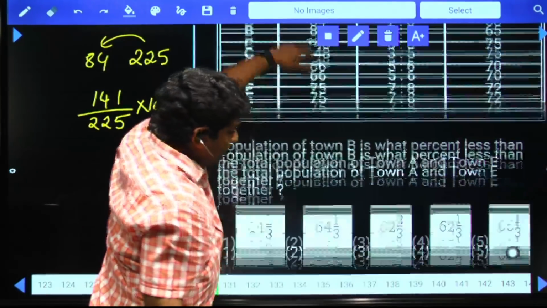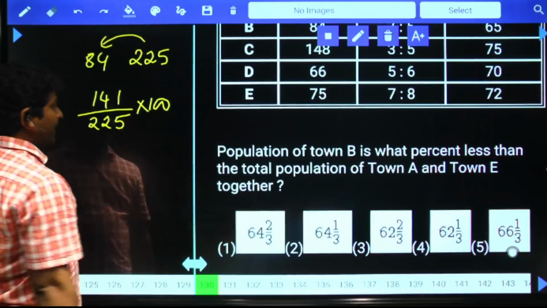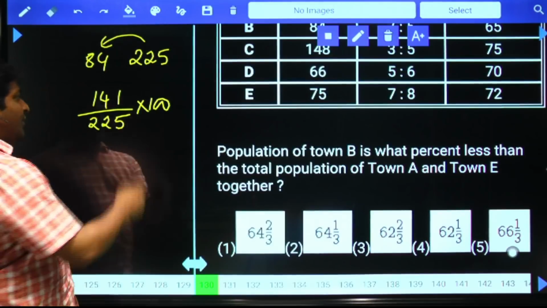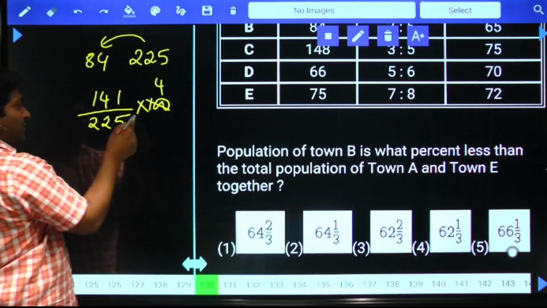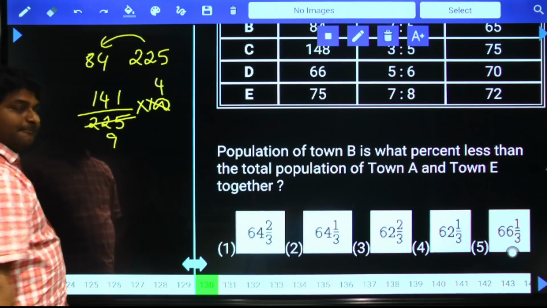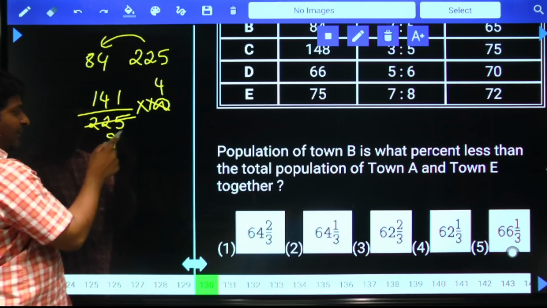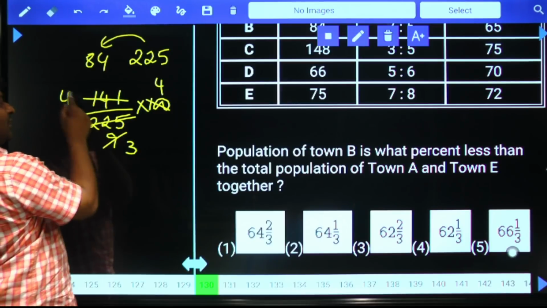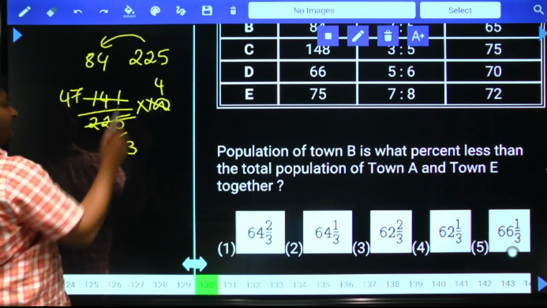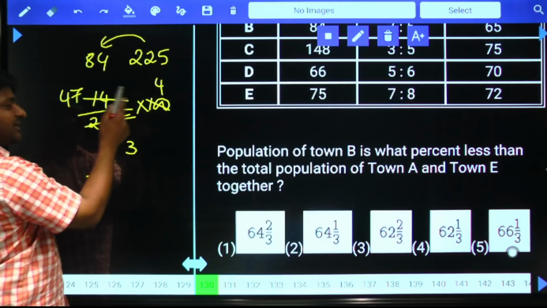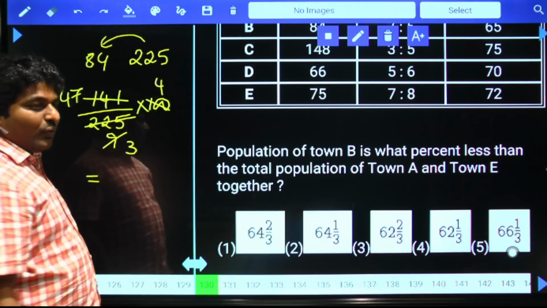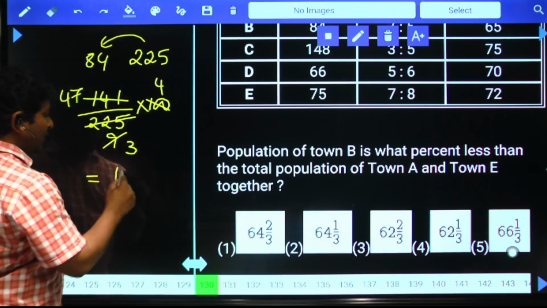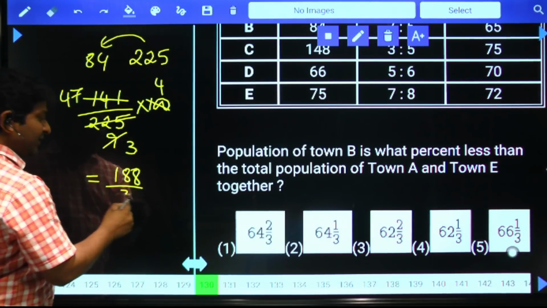Now, let me go to options first. Right. Now, 25, 4 times here, 25, 9 times here. 3 multiple, 3 multiple, 3, 3 times here, 3, 4 times, and then 7 times. 47 4 times, 44 is 160, 7 4 is 28. 160, 28, 188 divided by 3.